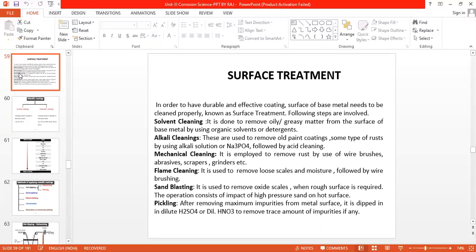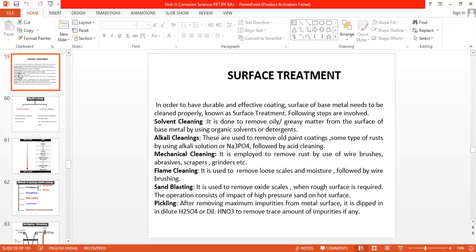These are used to remove old paint coatings, some type of rust by using alkali solution or Na3PO4 solution followed by acid cleaning. Next type of surface treatment is mechanical cleaning, in which we can remove the rust, scale, etc. by using the wire brush, bristles, abrasives, scrapers, grinders, etc. That is by any mechanical means.